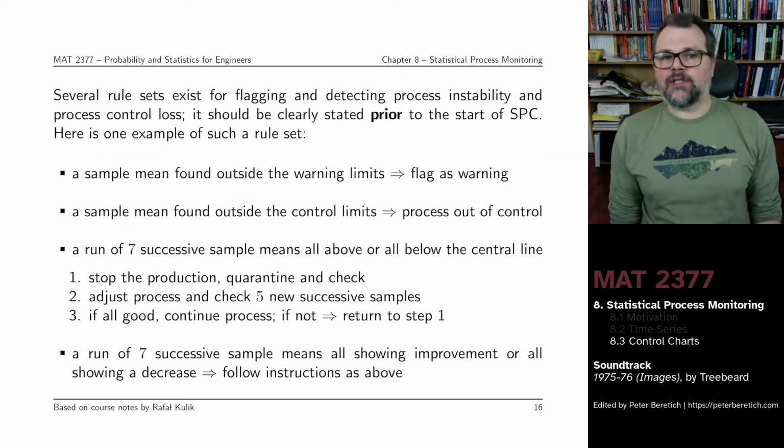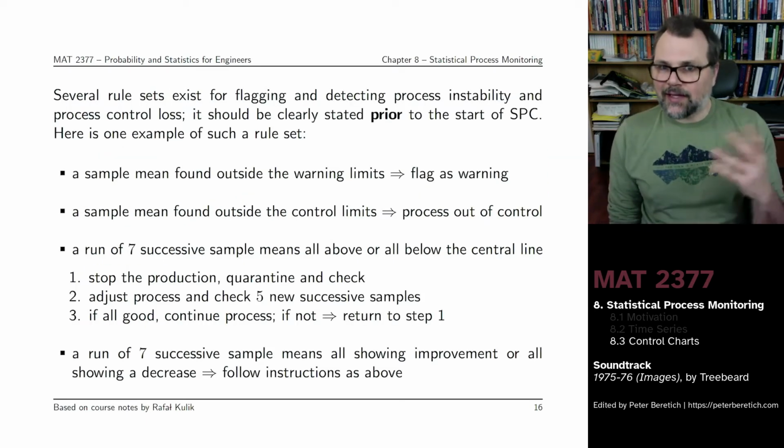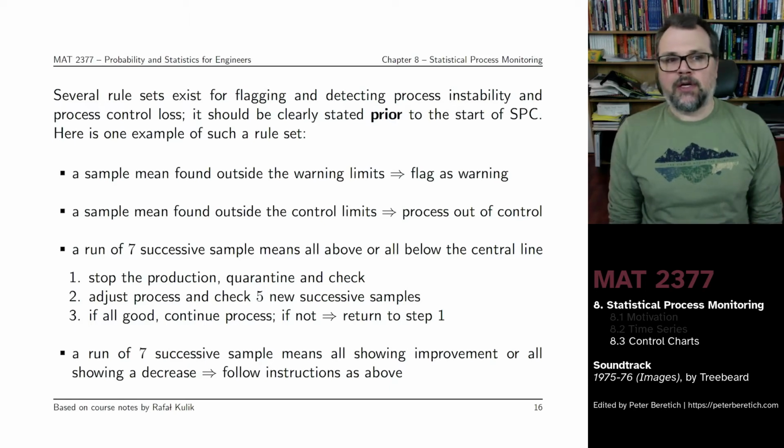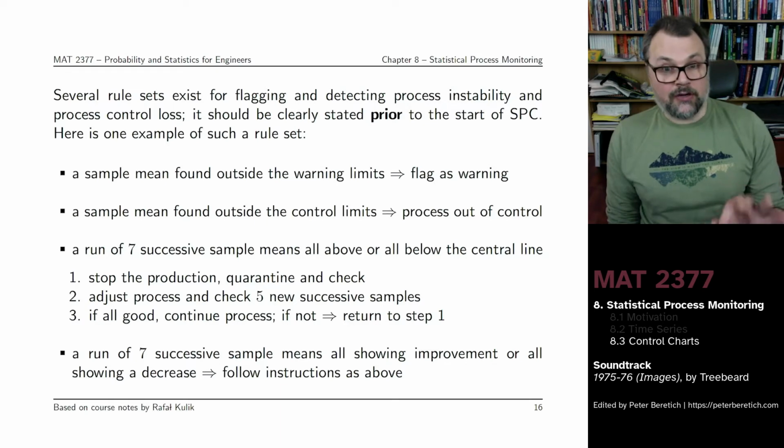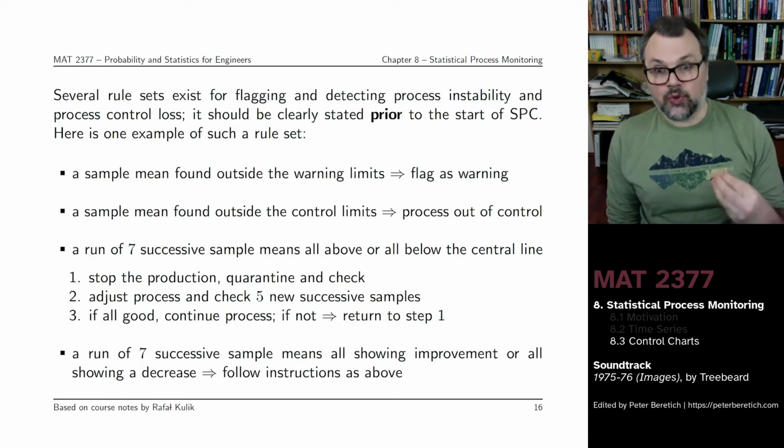There are several rules that exist for flagging and detecting these process instabilities, and if you lose control over the process. What's important here is that you should clearly state and set these rules prior to the start of the statistical process monitoring. For example, you might have a rule set as follows.